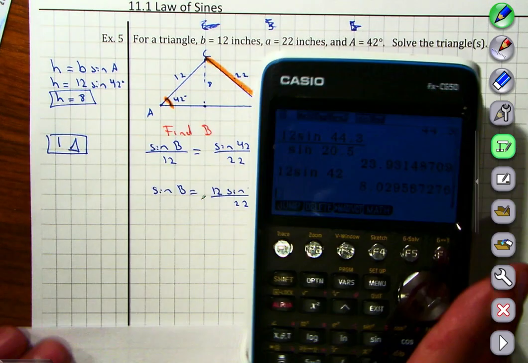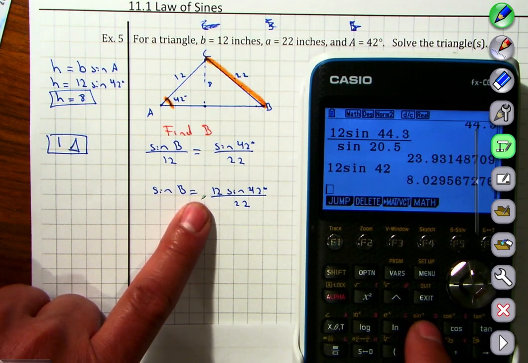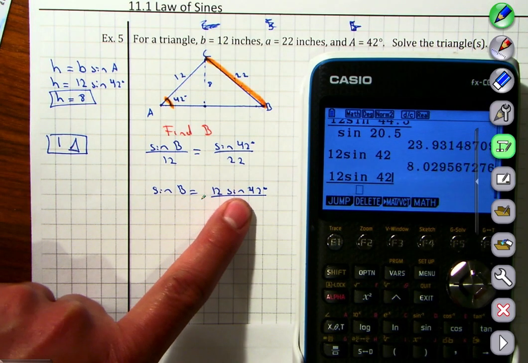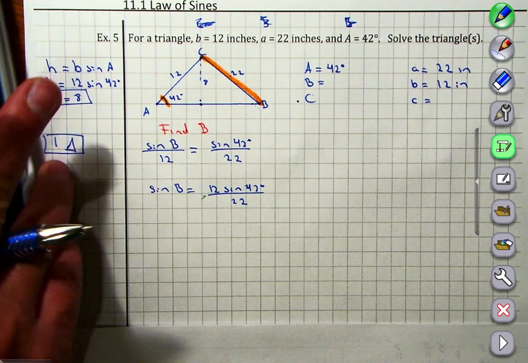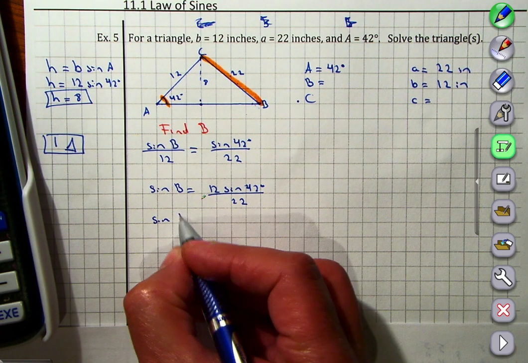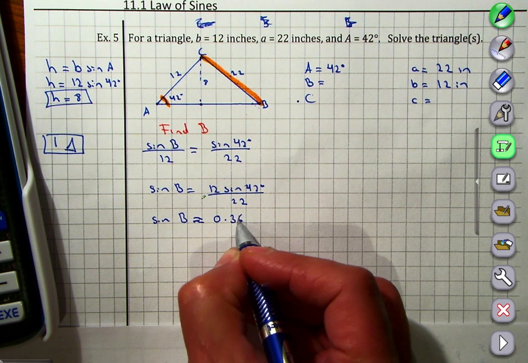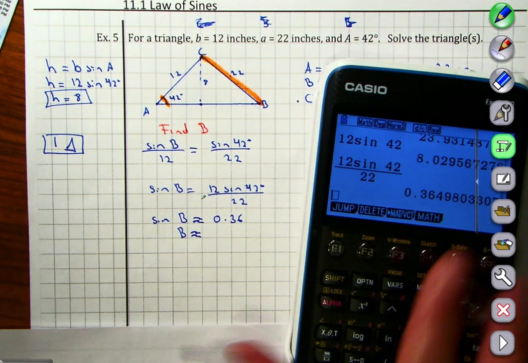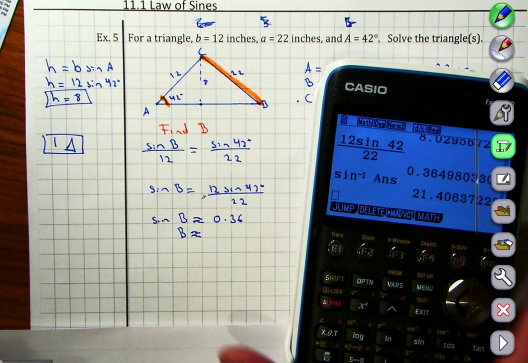Now I'm going to type that into the calculator: 12 sine of 42 over 22. So the sine of B is approximately 0.36. So therefore angle B is approximately, taking the inverse sine of my answer, 21.4 degrees.